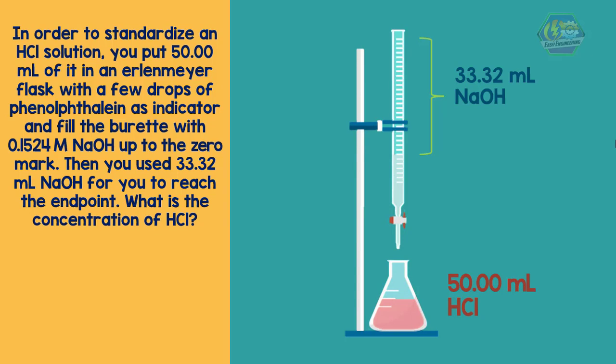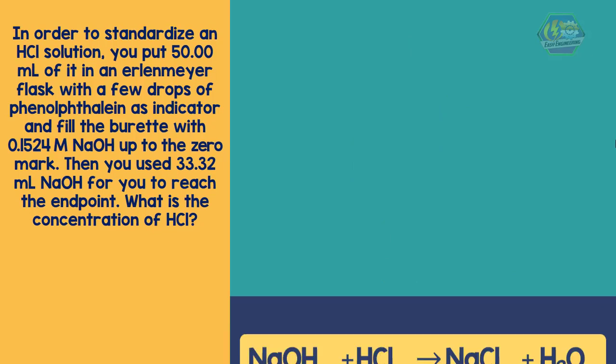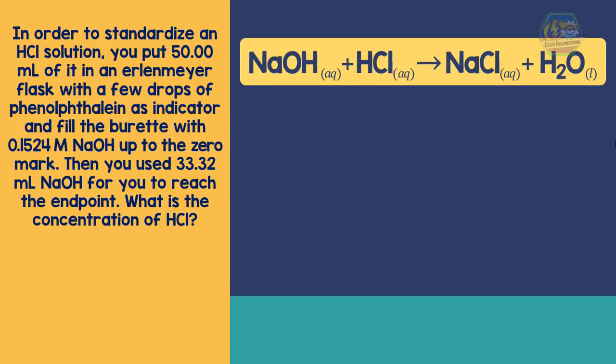First, we need to write the balanced equation. So we have the volume used in titration, which is 33.32 ml. We then find the moles of sodium hydroxide.